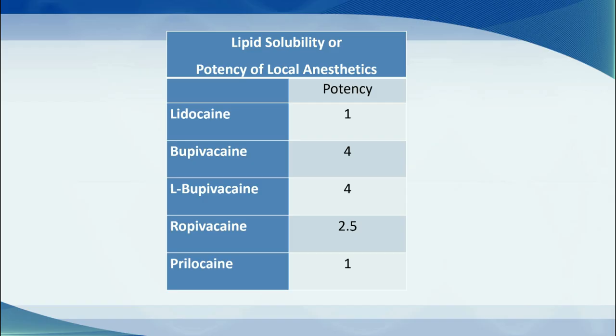Consequently, what you need to know is that lidocaine and prilocaine are relatively equipotent. Ropivacaine is approximately 2.5 times more potent than lidocaine, and bupivacaine and L-bupivacaine are 4 times more potent than lidocaine. Why does that matter? Because when you're doing a nerve block, you need to know how much volume to give.